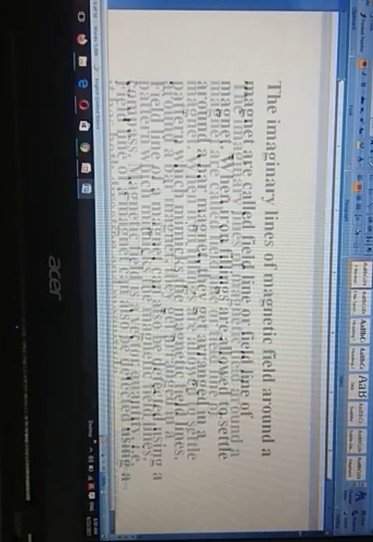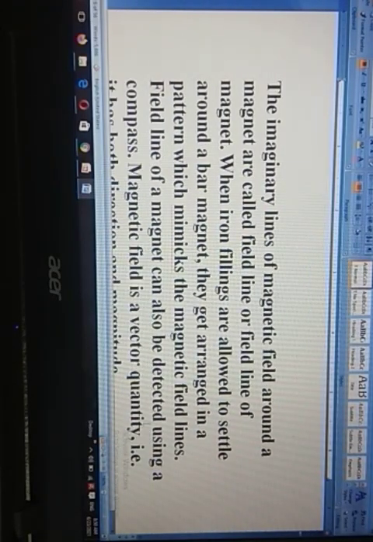The imaginary lines of the magnetic field around a magnet are called field lines. When iron filings are allowed to settle around a bar magnet, you can see that they get arranged in a pattern which shows the magnetic field lines.